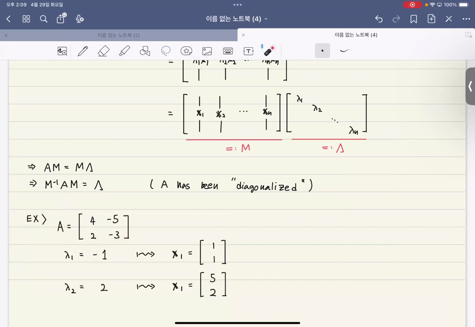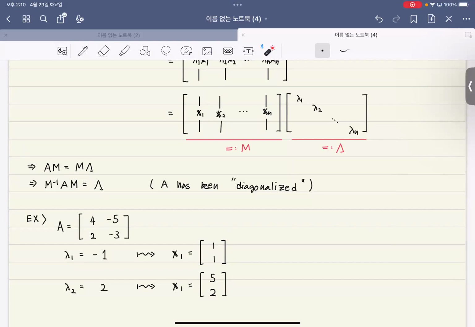Actually, this is an example that we did in our previous lecture. Just try to compute the characteristic polynomial of this guy. We did that before, and its eigenvalues were -1 and 2, and from the tedious computation, we concluded that x1, which is (1, 1), turned out to be the eigenvector of the eigenvalue -1.